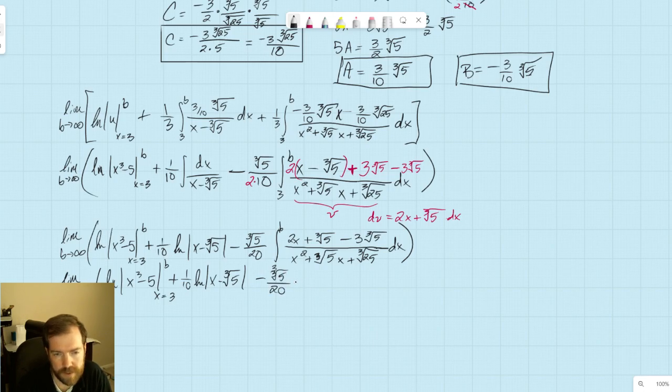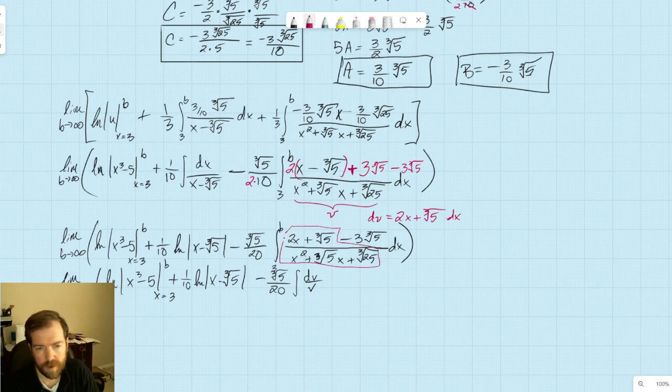Okay, then this is going to be times the integral of, this is our dv over v, where we have all this stuff here. So that's going to be taken there, all of this stuff is going to be taken over here.